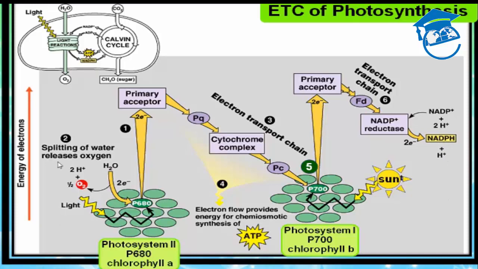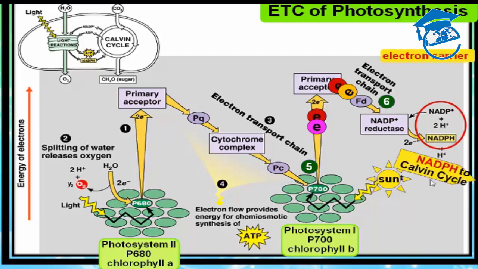So it forms a Z scheme. See, these are the 2 electrons which are generated. They go to the ferredoxin, and this is the sixth step, the electron transport chain, and thus NADPH is formed. And this NADPH goes to the Calvin cycle, that is this.